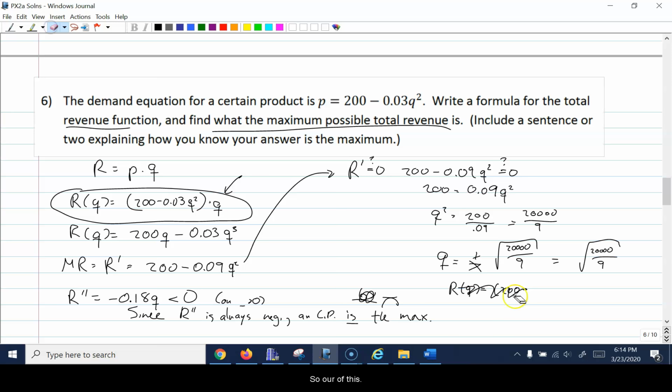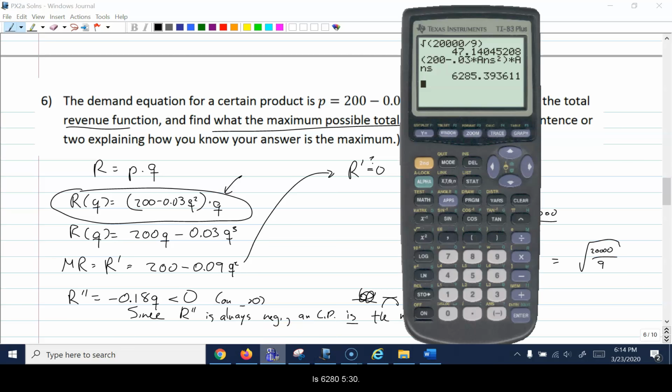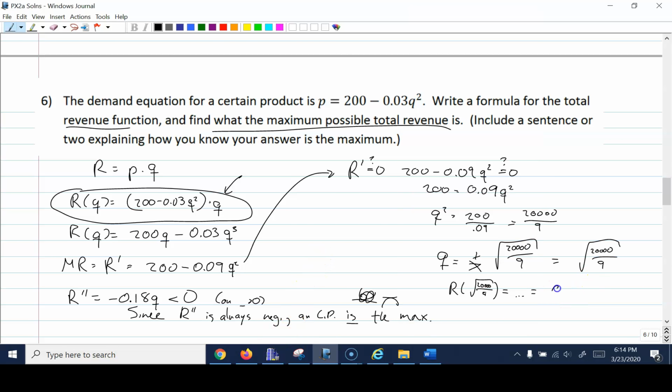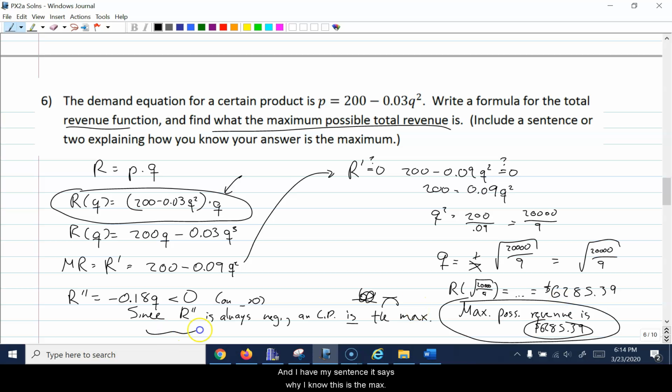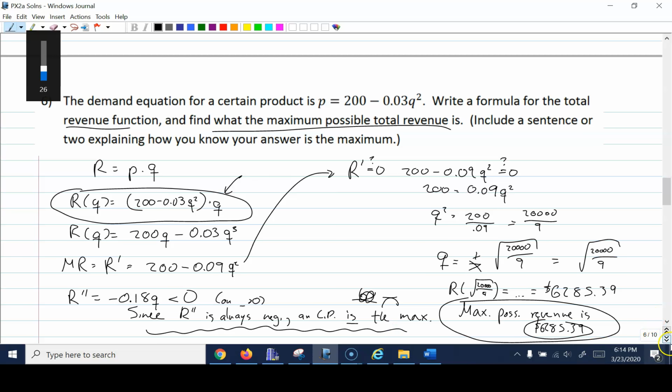So R of this is 6285.39. Cool, and I have my sentence that says why I know this is the maximum.